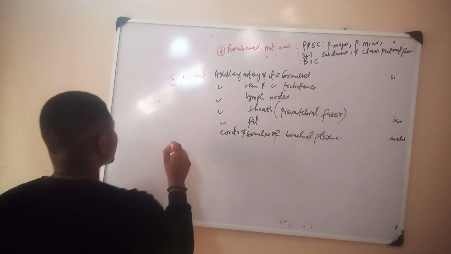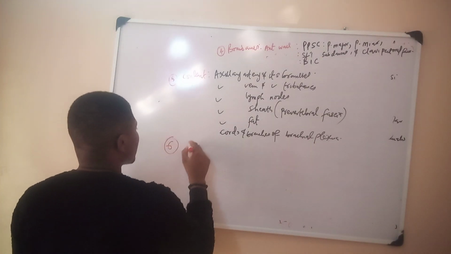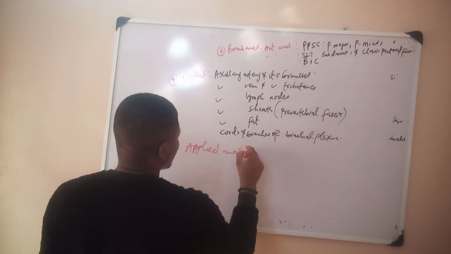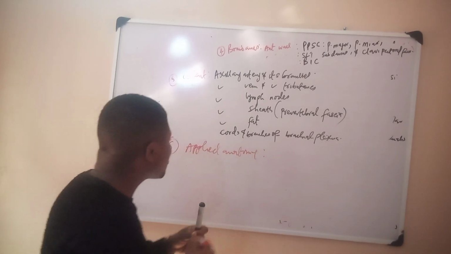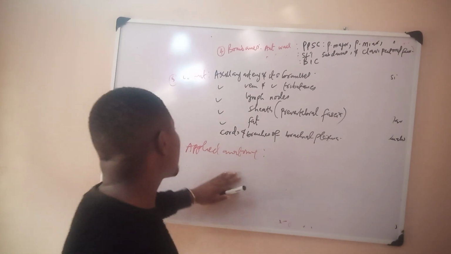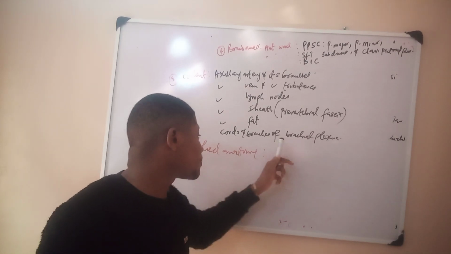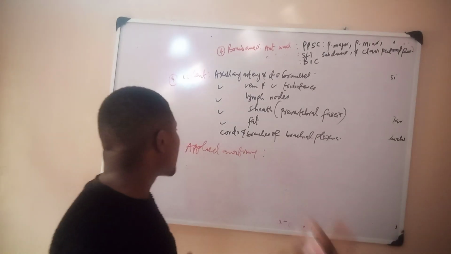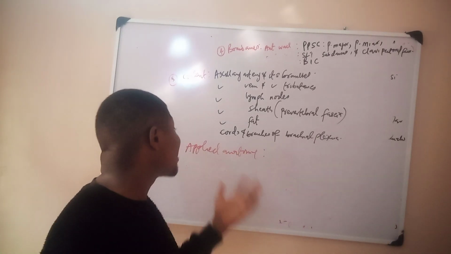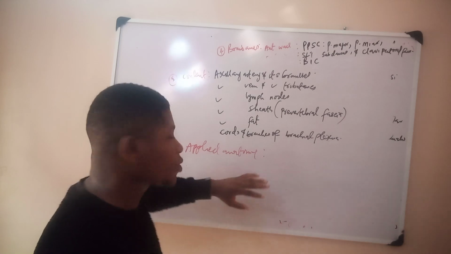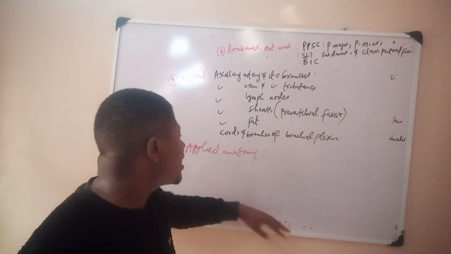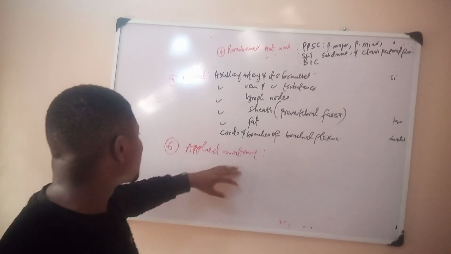Then the last but not the least, number 6, we are talking about applied anatomy. Remember we said applied anatomy is just like economic importance, where we talk about the importance, or the advantage and disadvantage, of the particular structure we're talking about. So is there any useful thing that axilla can do for us?